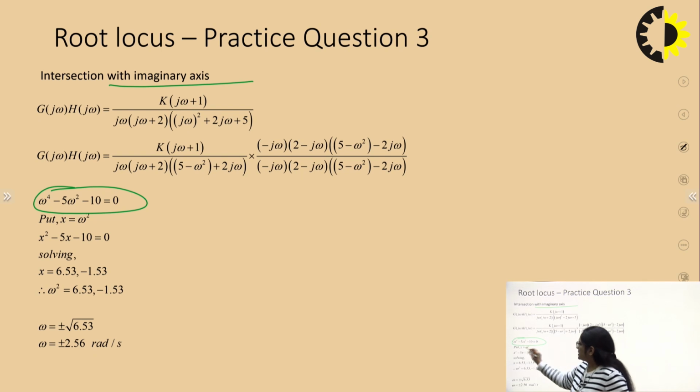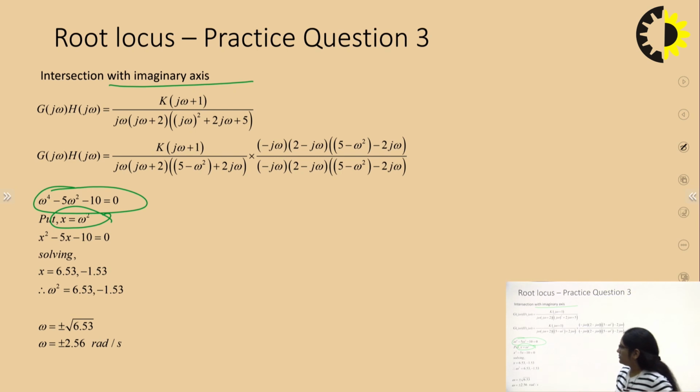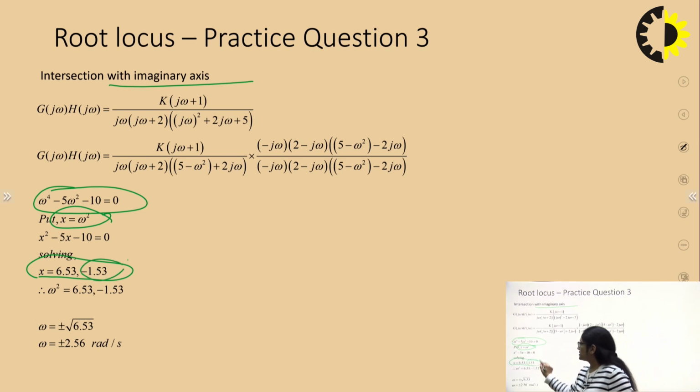Just to ease the solution, we are taking x is equal to omega squared, and when we solve for x, these are the two values which are obtained. x is equal to 6.53 and -1.53. This is not a feasible solution.